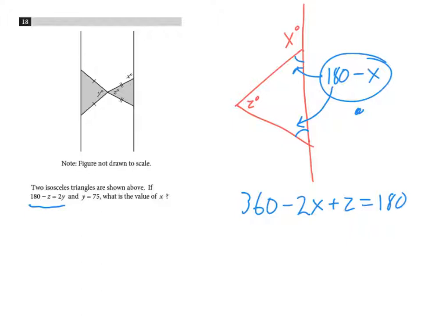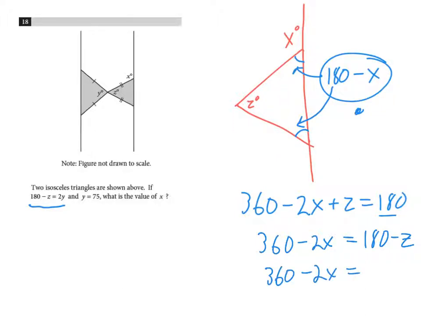Well, I'm recognizing that over here I could get a 180 minus z on the right side pretty easily. So I'll see that 360, I'm going to subtract z from both sides, equals 180 minus z. Okay, well, 180 minus z equals 2y. Okay, perfect. So 360 minus 2x equals 2y.